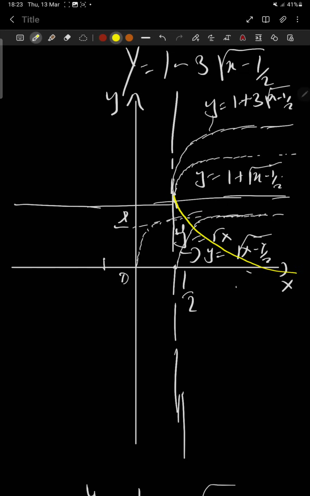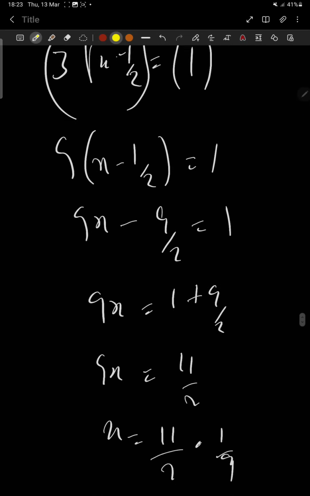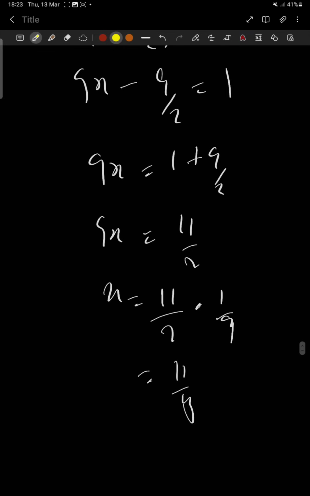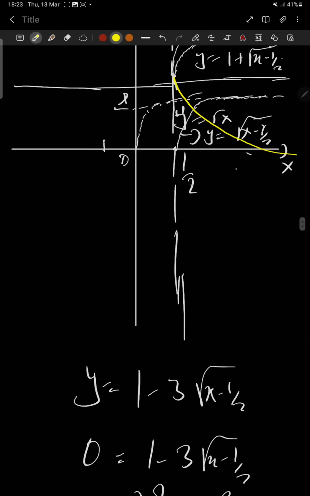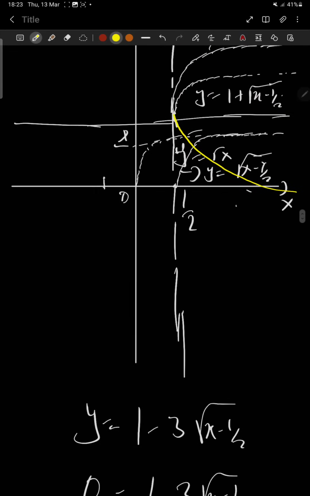Okay, that's how it will move in that direction. So this will be somewhere like 11 over 18, which is above 0.5. Yes, so this one will be 11 over 18.